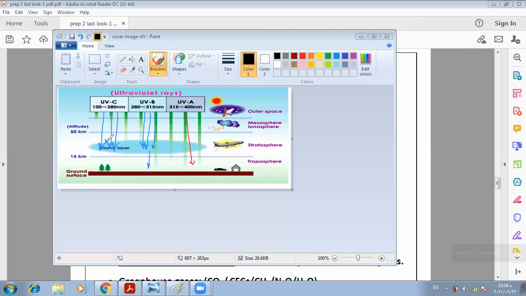Medium just 5% reaches the earth, and far doesn't reach. So we finished the second point, the UV ultraviolet rays and the difference between them.